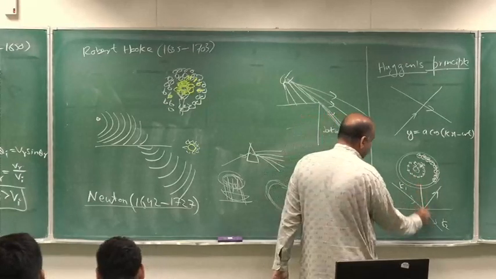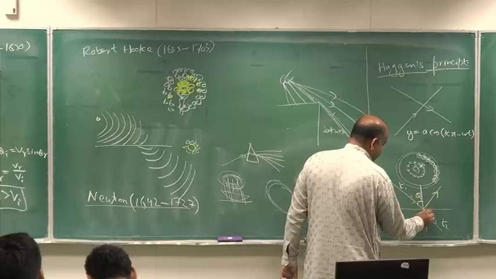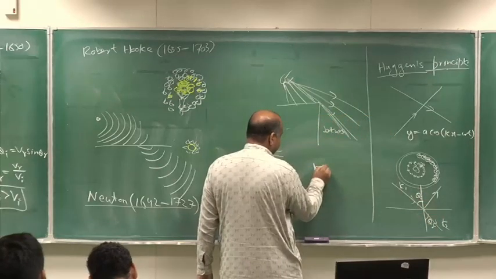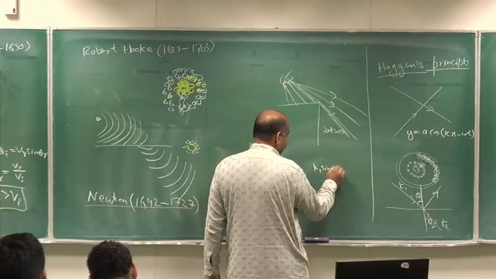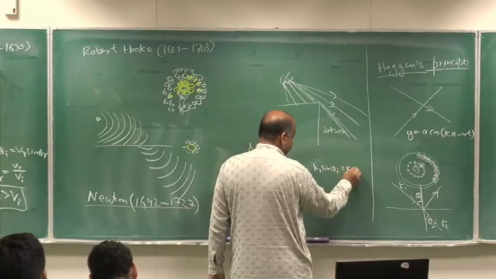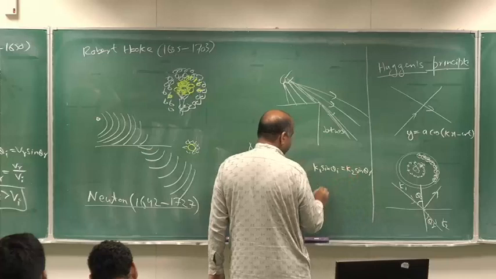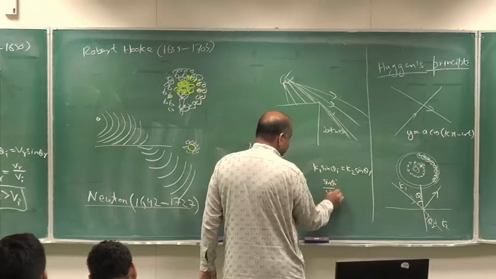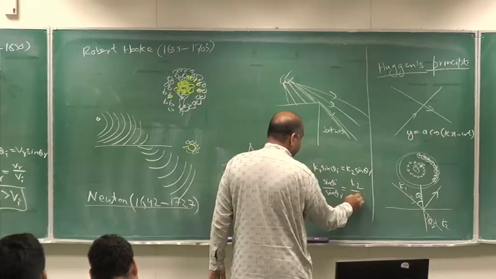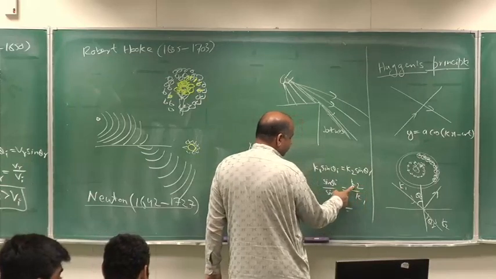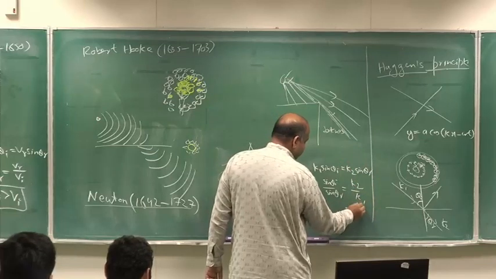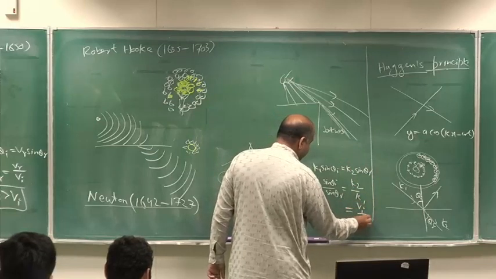So this way he derives this relation: K1 sine theta I equals K2 sine theta R, and sine theta I over sine theta R is K2 over K1. Since the wave number is inversely proportional to the speed, this becomes V_I over V_R.